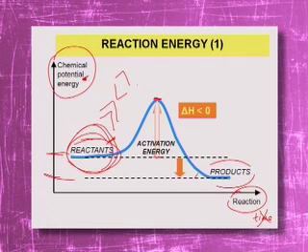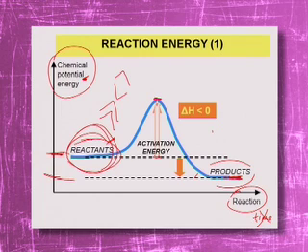And all of these things together added up give us something called the activation energy, which simply is the amount of energy required in order for successful reactions to take place. Now, the successful reactions take place, and we find in this case that the average energy of the products is below that of the reactants.